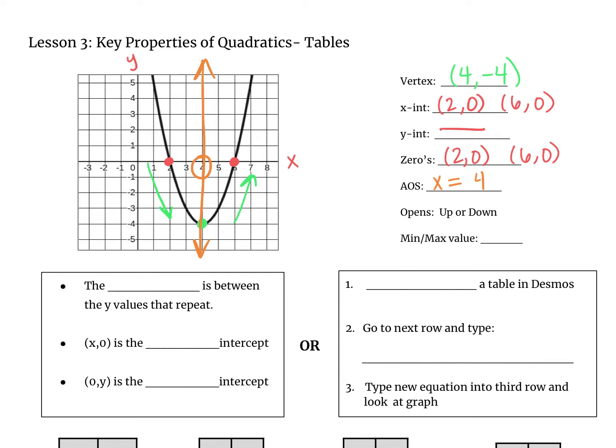And then we want to know if this parabola here is opening up or down. Remember, it's either up like a cup or down like a frown. So since our parabola kind of looks like a cup, we know it is opening up. And since it's opening up, that means we have a minimum value, and that minimum value is always the y value of the vertex.